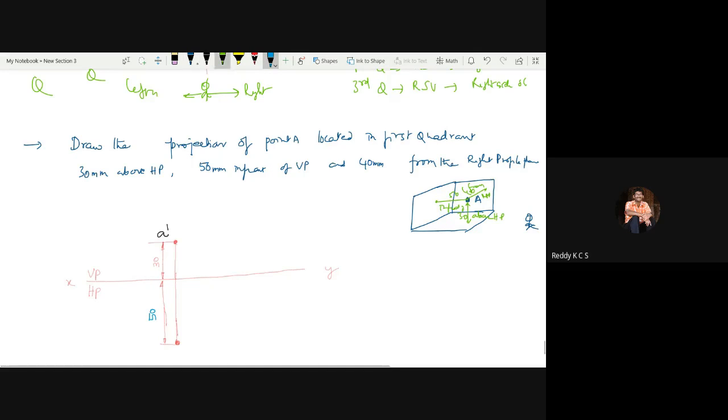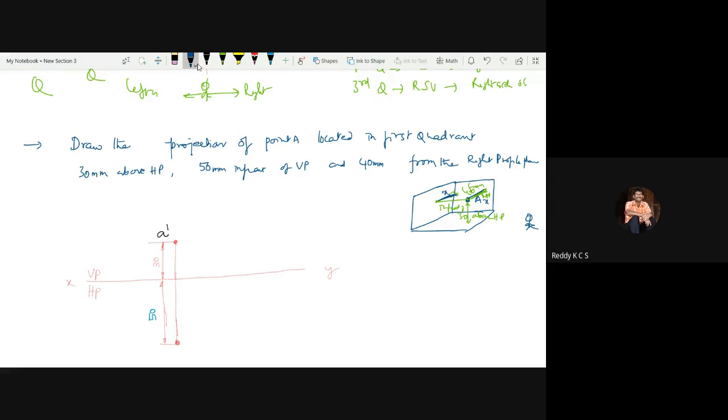Now, as I told in the previous 15 minutes back, about how to draw the side x1 y1 line. So x1 y1 line, see, if you look at here, from this point, at what distance this reference line is there is nothing but this distance. This distance is nothing but, say, x, this is equal to this.